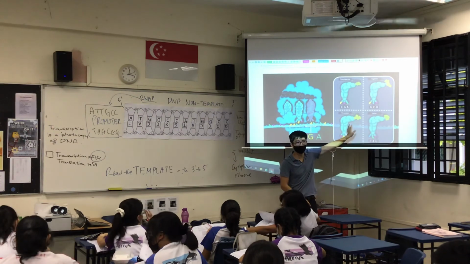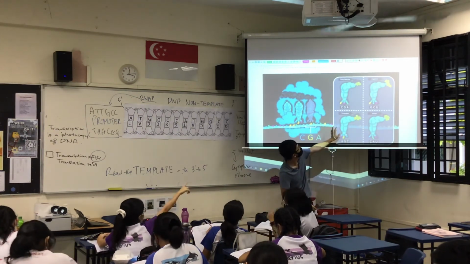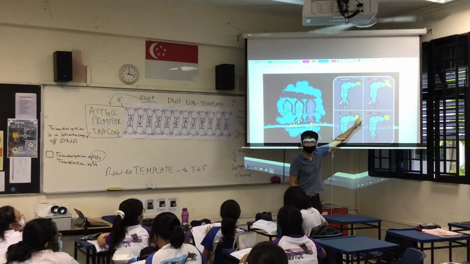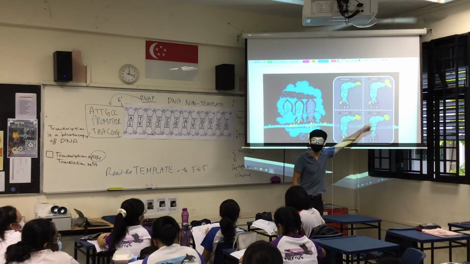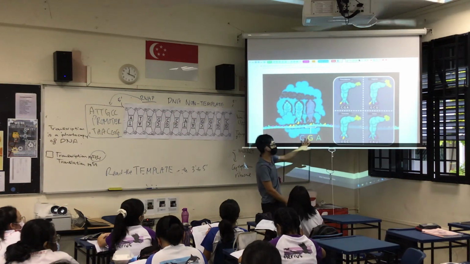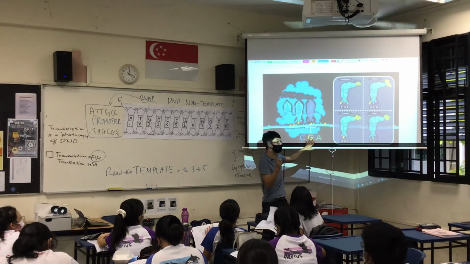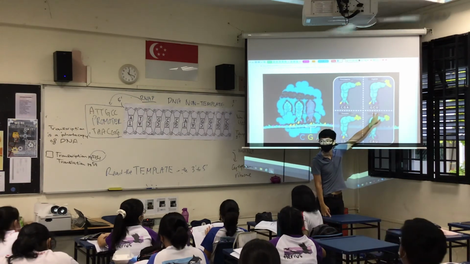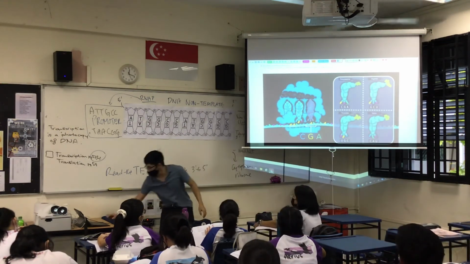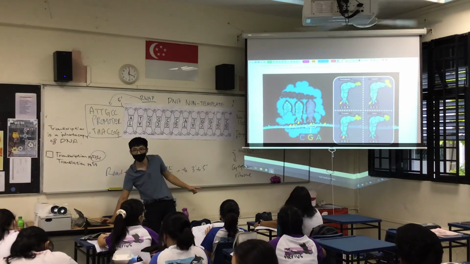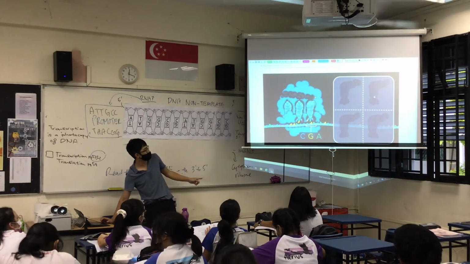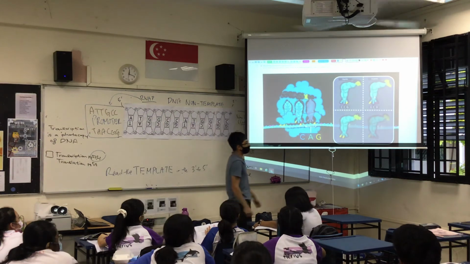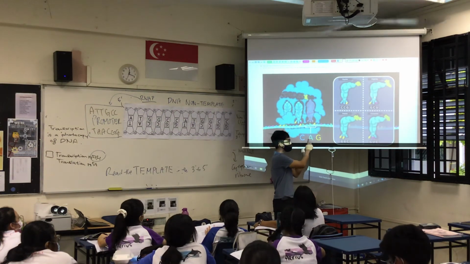Which tRNA is carrying arginine? At the top right? Okay. How does this tRNA know that it needs to bind to this codon here? With the help of this anticodon here. See, the anticodon is complementary to the codon. So now let's bring it in. Yay, one done. I would like you now to read the next codon, CAG.